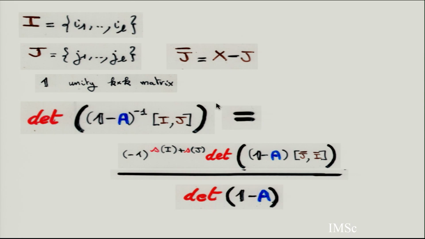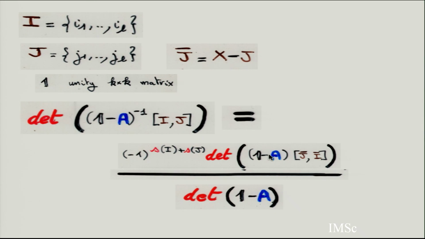And then Jacobi identity tells you that you take this matrix 1 minus A, the inverse of this matrix. This means you take the minor with the rows indexed by I and columns indexed by J, and you take the determinant. And then this is equal to something like a cofactor: a determinant of the matrix itself. Here it was the inverse matrix.